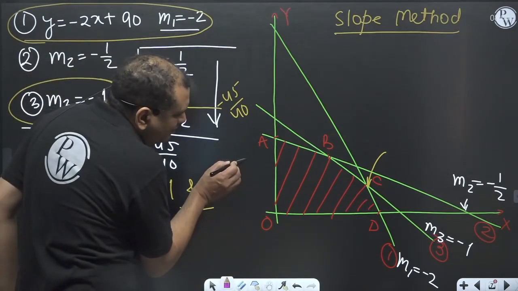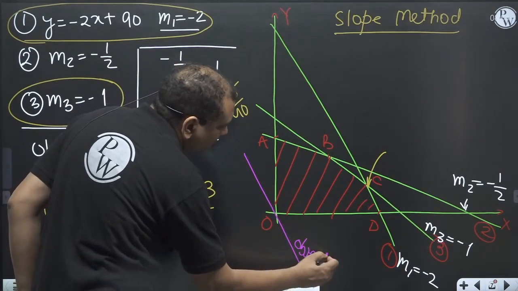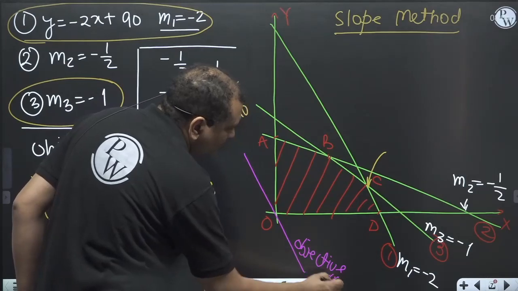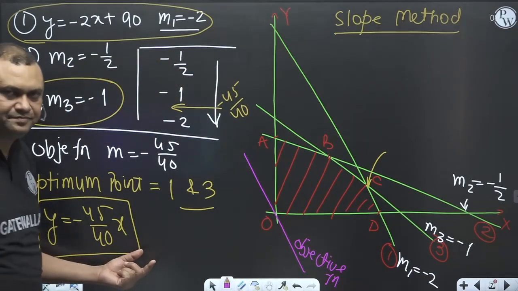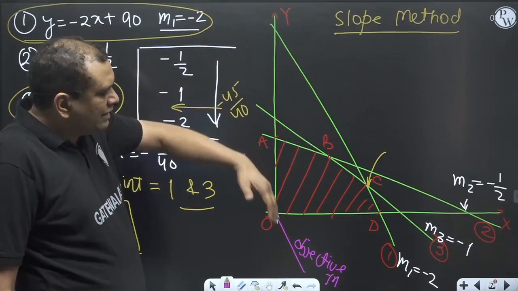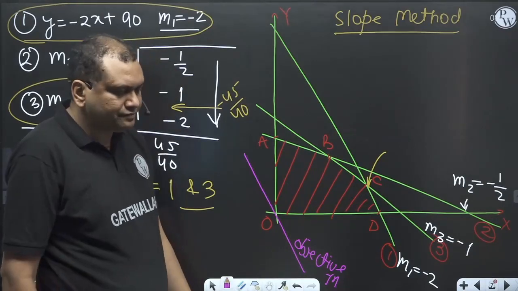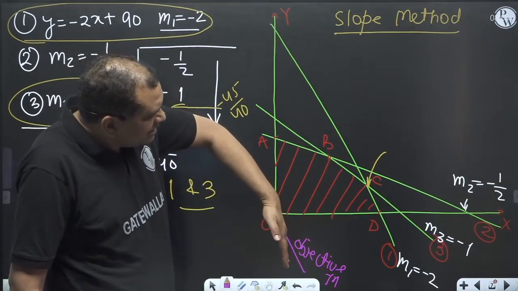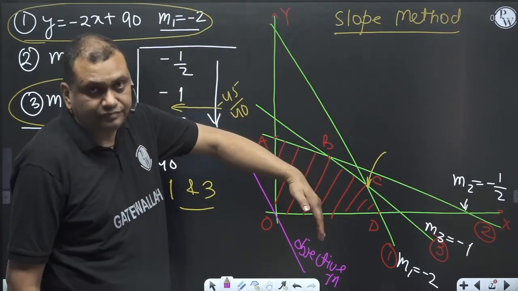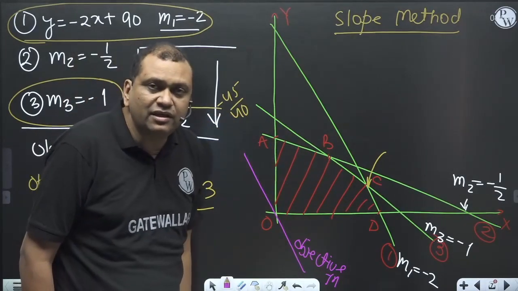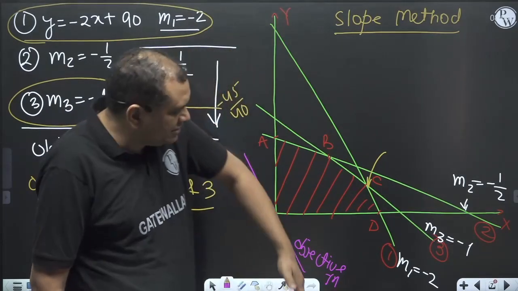Draw this line passing through the origin. Now extend the objective function line towards the feasible region.